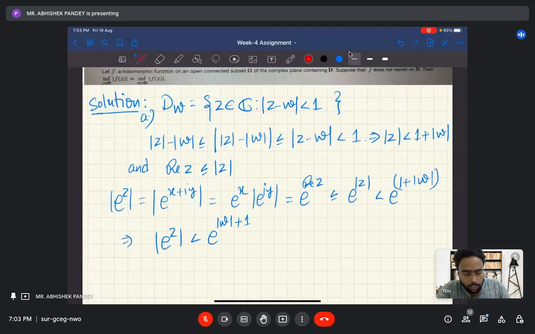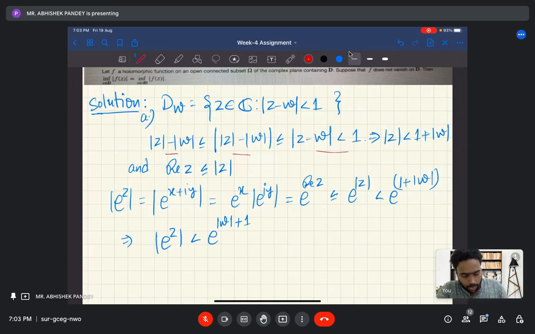Any z in D_w will satisfy this inequality, and finally we get |z| < 1 + |w|.